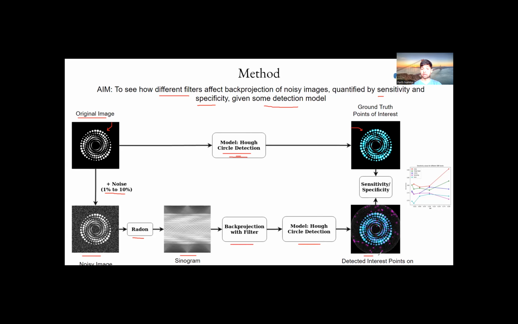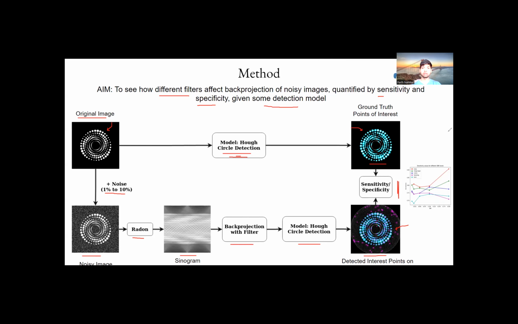And finally, we get to the detected interest points on the back projected filtered image. So this is an example of interest points. The interest point is detected on the back projected filtered image, shown in pink. And then we compare these to the interest points on the original image, and we get a sensitivity and specificity of detection. This is what we use to quantify the performance of the filter.